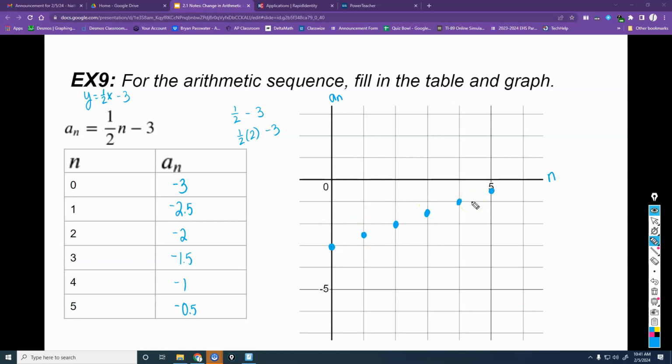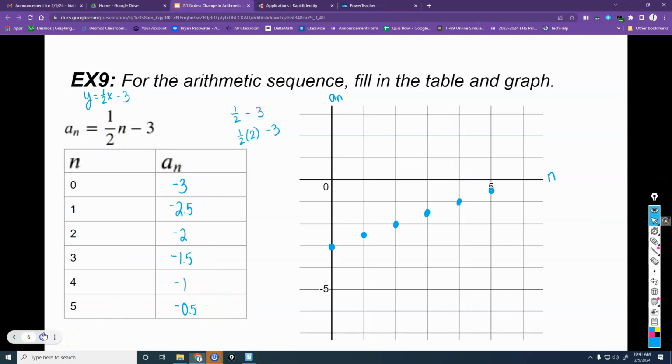So the slope and y-intercept of the equation, the function, corresponds to the slope and the y-intercept of these arithmetic sequences that we're seeing here. Notice that slope is that amount that's being added to each term each time.